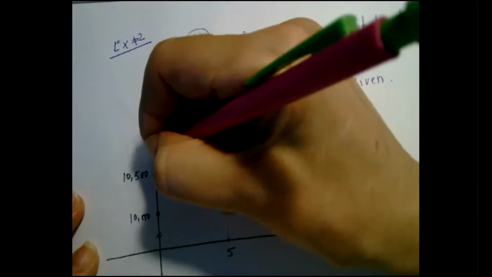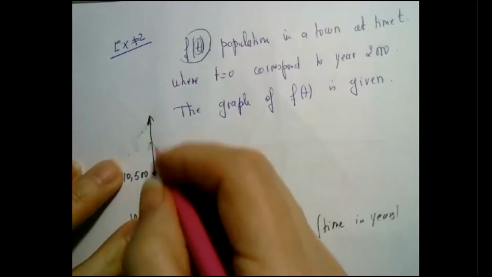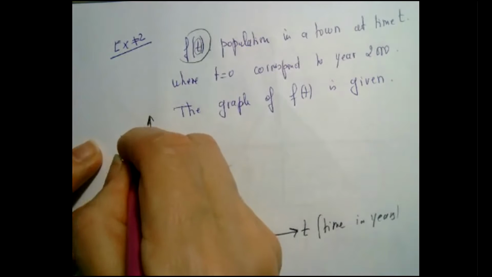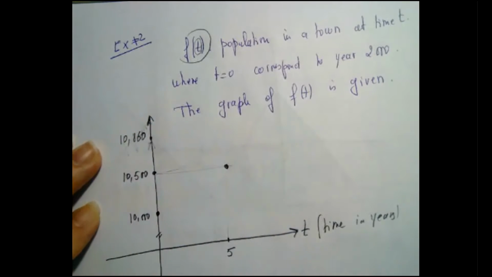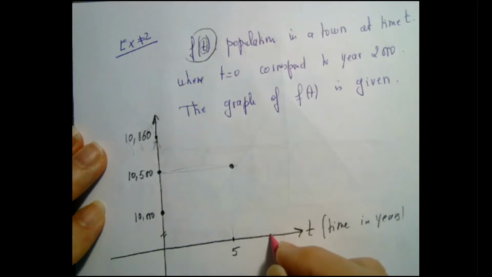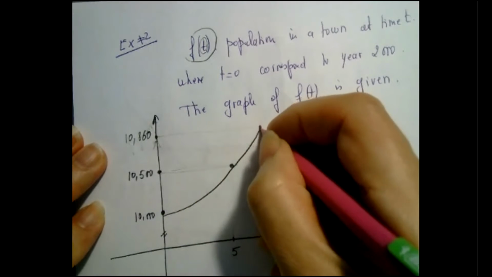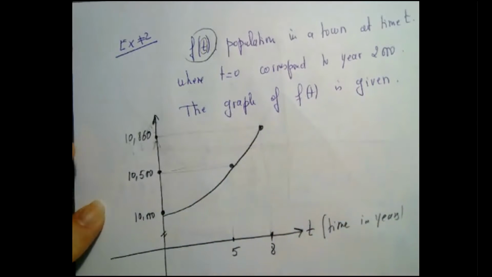And then somewhere here, let us say this is 10,860, after 8 years. So this is 8. I'm going to connect them. Okay, so that's the graph of my population.